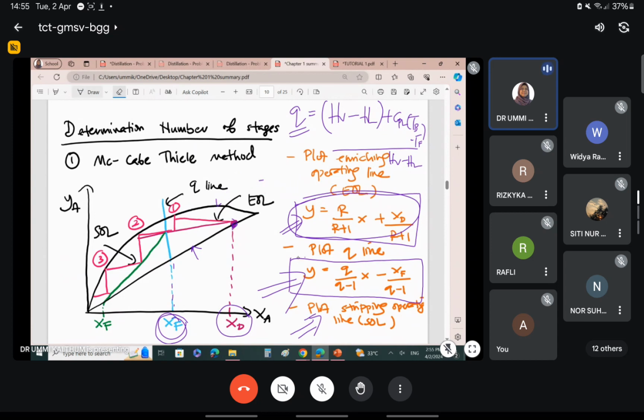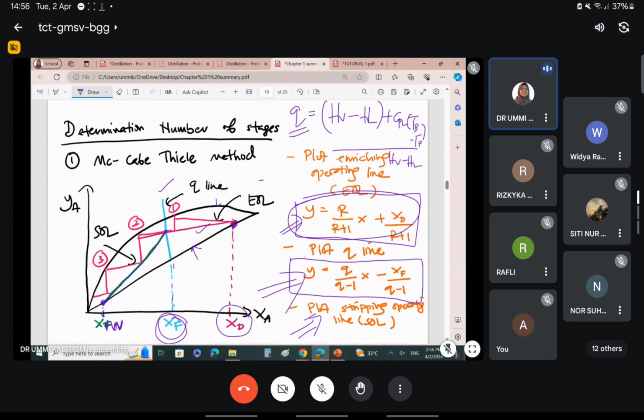Okay, bila you dah dapat Q line and enriching, the stripping line is plotted from the intersection between enriching operating line and Q line. You make a line until XW, the composition of component A in bottoms.